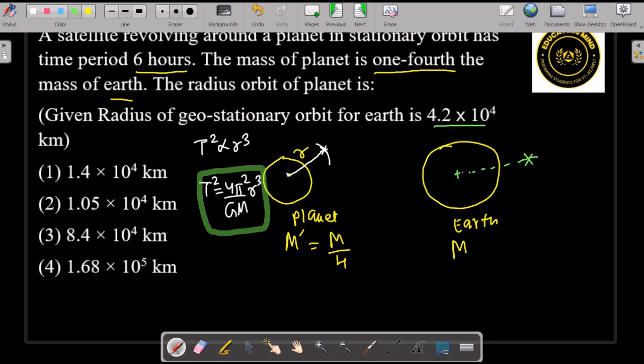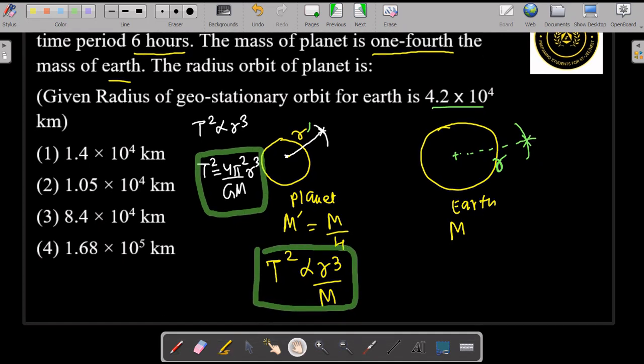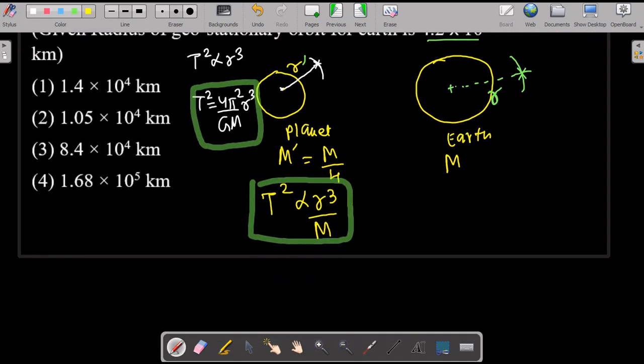That geostationary satellite, that radius they have given, let's say this you take as r dash, this you take as r. So directly proportionality we can use, so t square is proportional to r cube by mass. This formula we can use two times, one for the planet and another for the Earth.